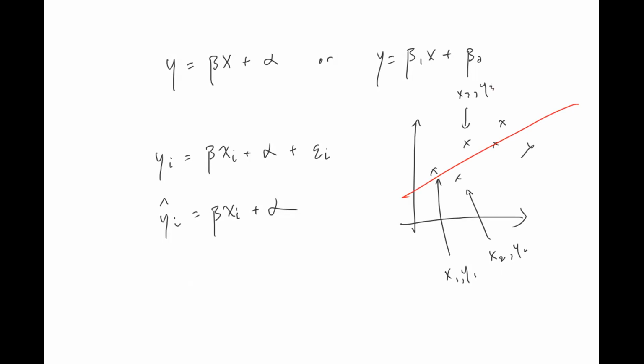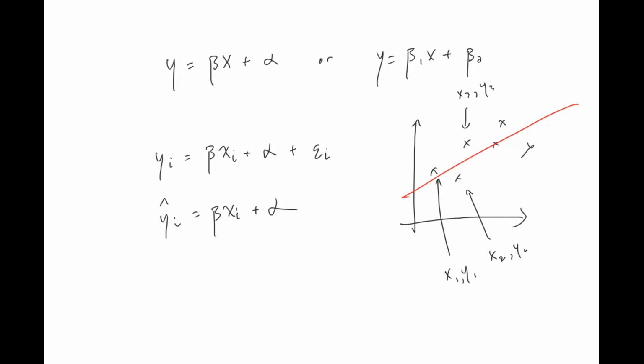So in order to get to the actual point yi, you'll notice that if I just take my beta times my x point plus my intercept, that will land me, if I plug in x3 here, on the red line and not on the x.